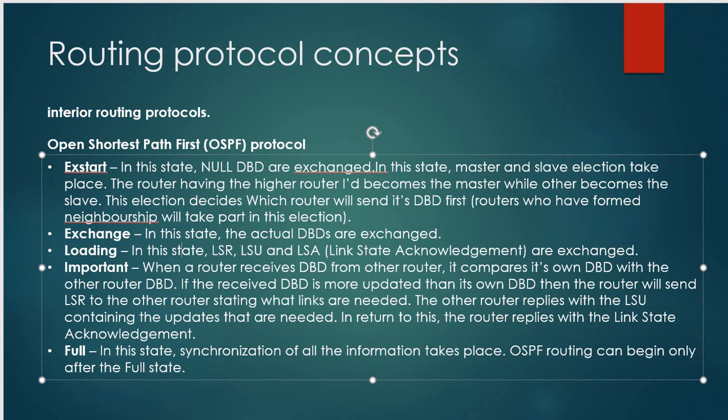If the received database is more updated than its own, then the router will send an LSR to the other router stating that links are needed. The other router replies with an LSU containing the updates that are needed. In return, the router replies with a link state acknowledgement. These are the steps done in this important stage.